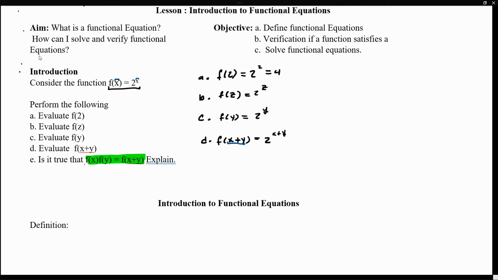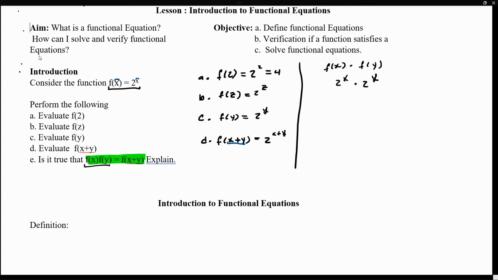But let's see. Do we know exactly what f of x times f of y is? Well, we already have them here. I know that f of x is equivalent to 2 to the x, and f of y, we already found here, is equivalent to 2 to the y.